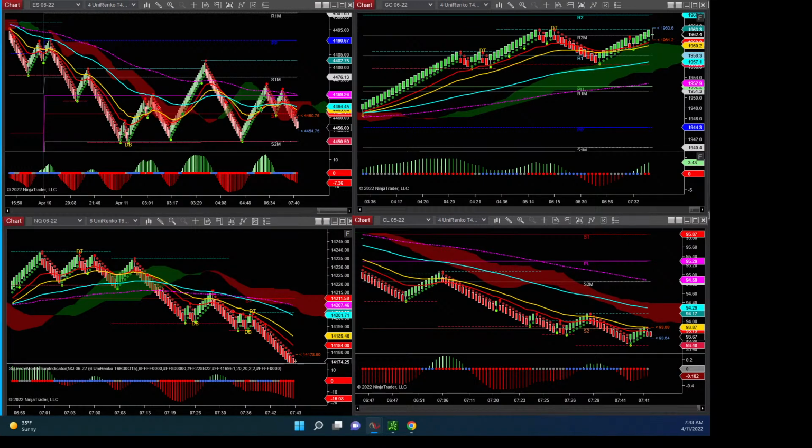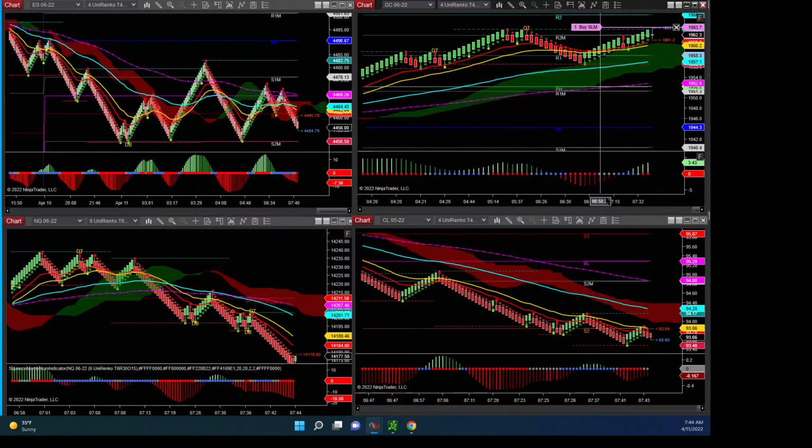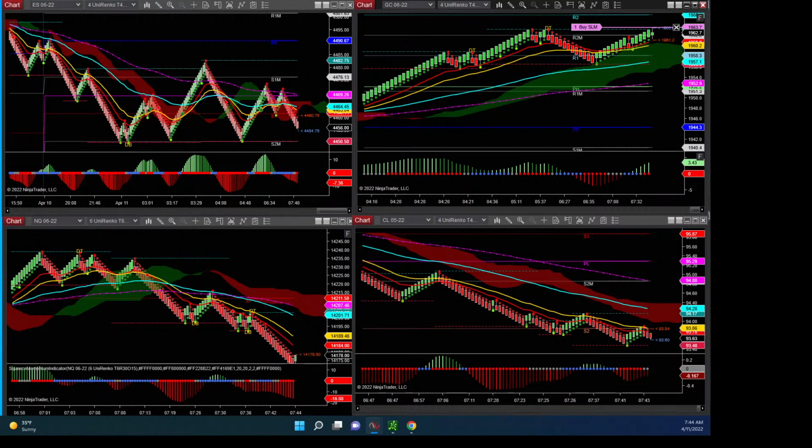I'm gonna enter it at 63.70. So if this candle closes bullish, then it's gonna have a wick right there for a continuation.